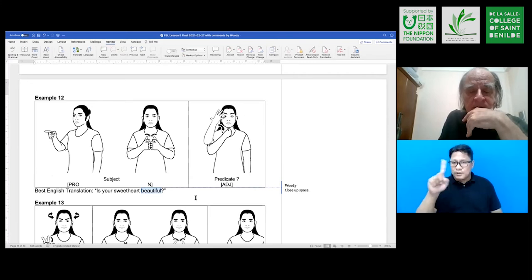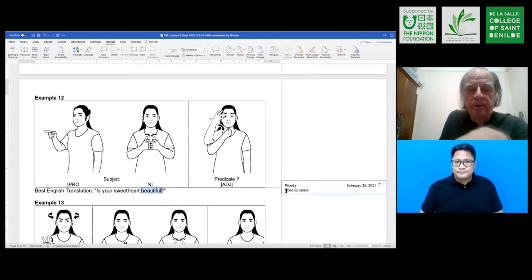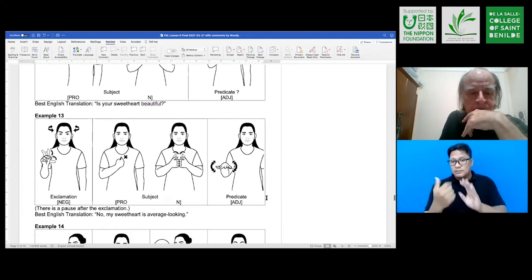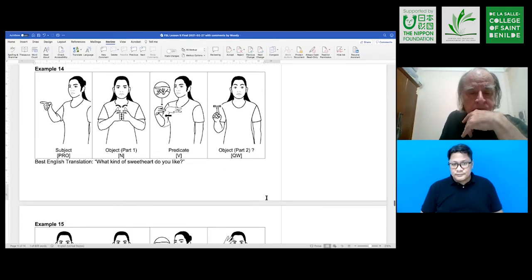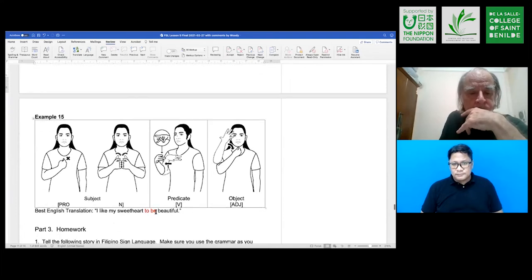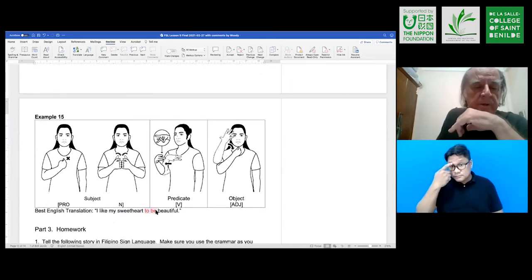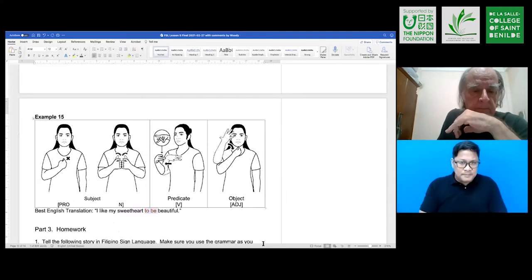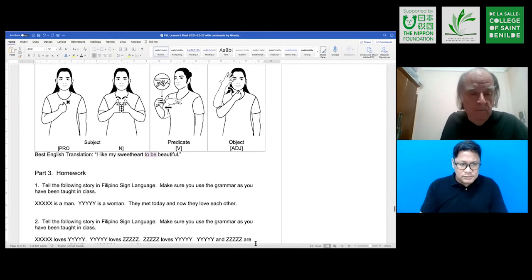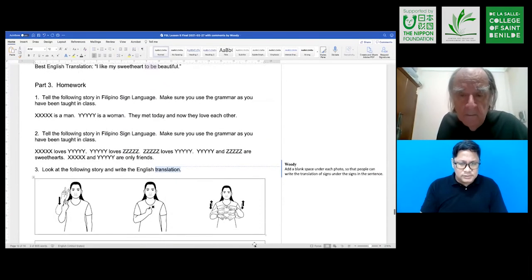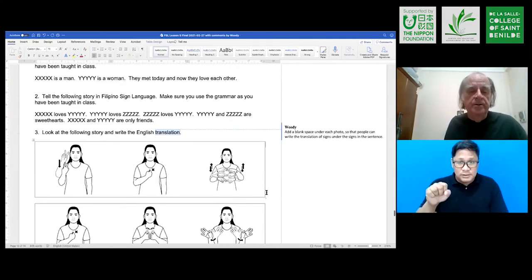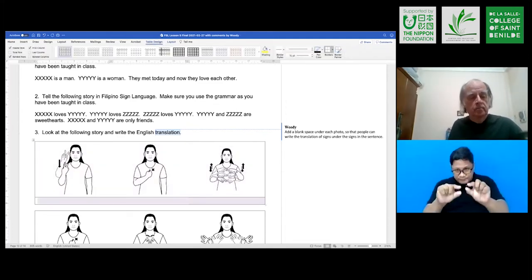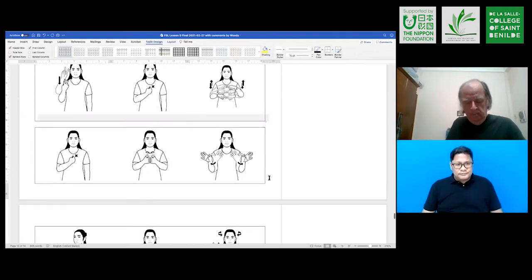Yes, good. You can delete the comment. Yeah, just the English translation issue. Yeah, so again, blank space under each photo like we did in the previous lesson. Okay.